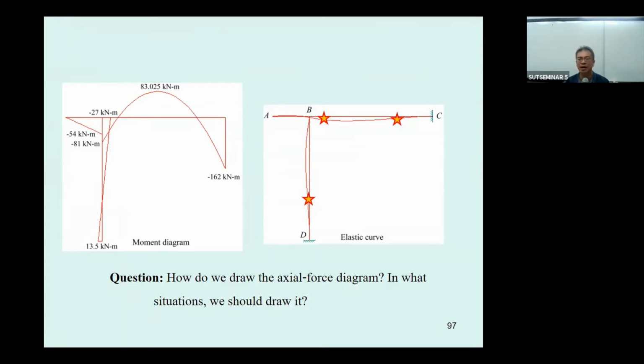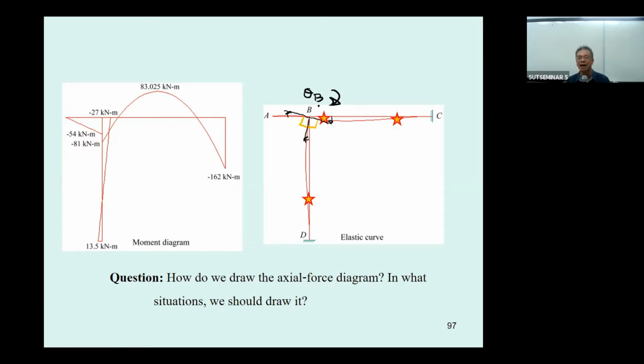And be careful, the rigid joint always has the same rotation. What I mean is the rotation of the column here, the rotation of the beam here, and again the rotation of this portion, all of them are going to be theta sub b, and this theta sub b rotates clockwise.